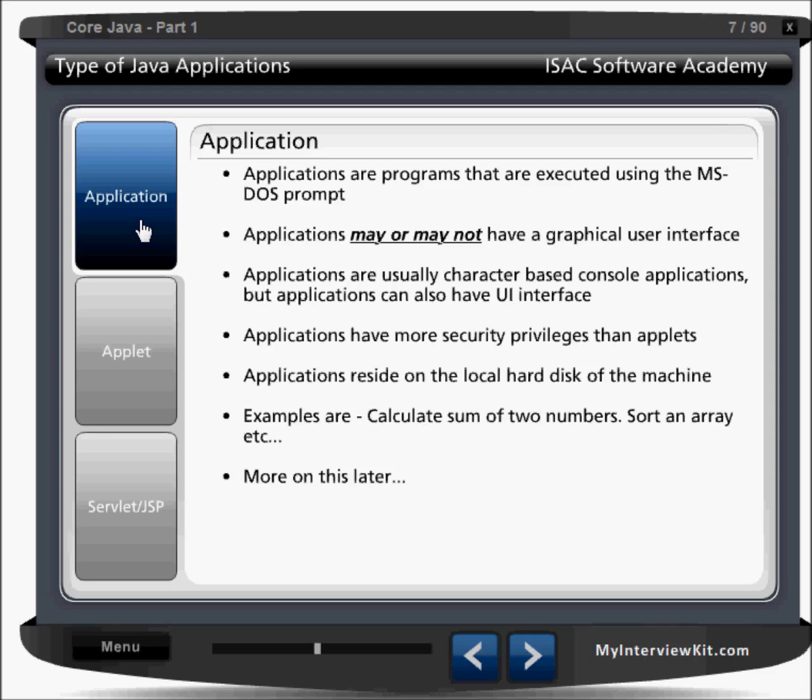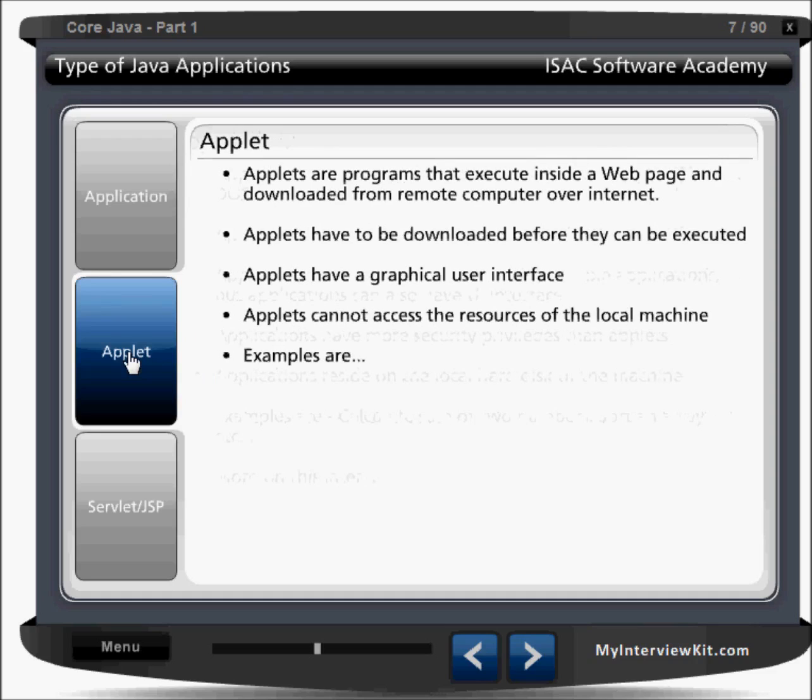Okay, that could be a CUI application. Next, applets. Applets are programs that execute inside a web page and are downloaded from a remote computer over the internet. So applets have to be downloaded before executing. Applets always have a graphical interface, and they cannot access the resources of your local machine, so they are secure.